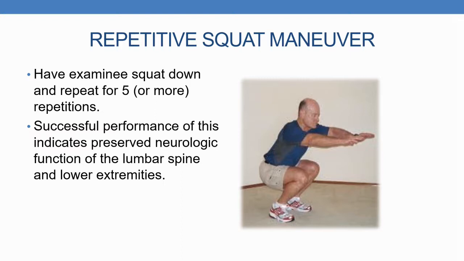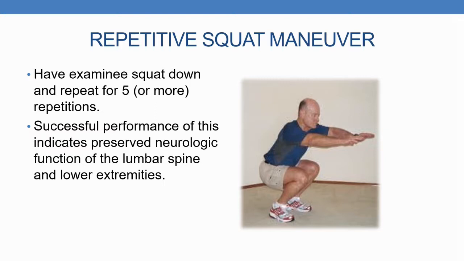If the person is able to come off the ground and plantar flex at the ankle, thereby extending the tibia, it tells you that the function is preserved, correct? If they're able to do it without falling over or losing their balance, that's an indication of preserved sensory function of the lower extremities, correct? So I really like the repetitive squat maneuver.